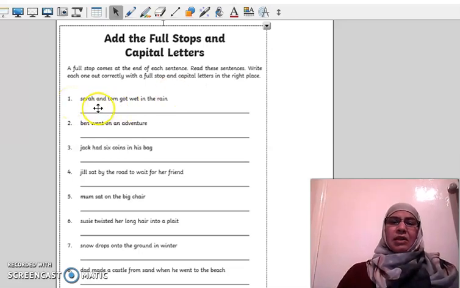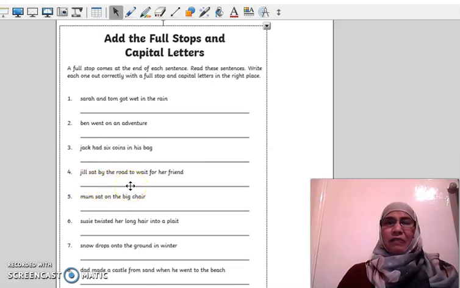Number 1. Sam got wet in the rain. Number 2. Ben went on an adventure. Number 3. Jack had 6 coins in his bag. Number 4. Jill sat by the road to wait for her friend.